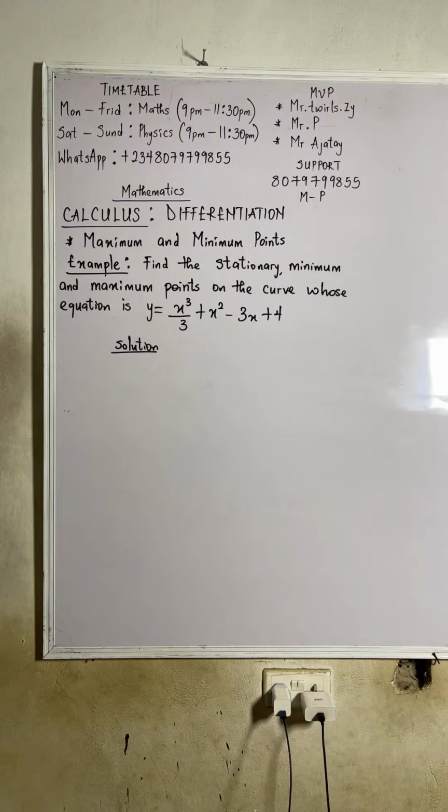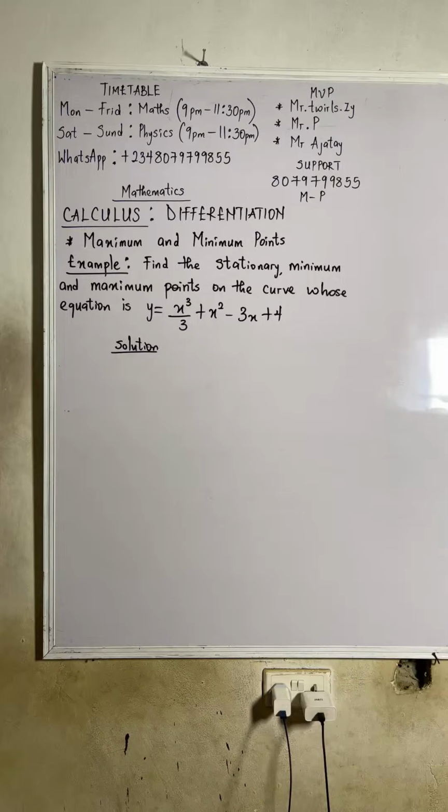You don't need to cram those steps. What I want to do is how you do it in the exam, because I'm sure you will come across questions like this. When you see a question like find the stationary minimum and maximum point, don't forget this one is the minimum and maximum point.